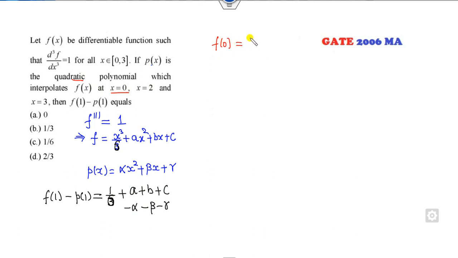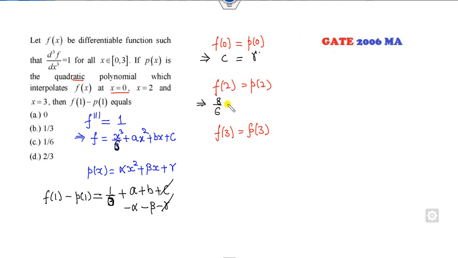So f of 0 is p of 0, f of 2 is p of 2, f of 3 is p of 3. Fine. So now what is f of 0? It's c, it is gamma. So c and gamma are the same, so this will be cancelled out. F of 2 is 8 over 6 plus 4a plus 2b plus c, which is equal to 4 alpha plus 2 beta plus gamma.